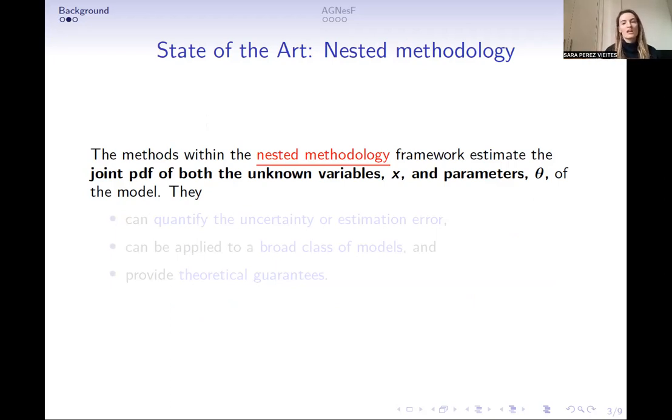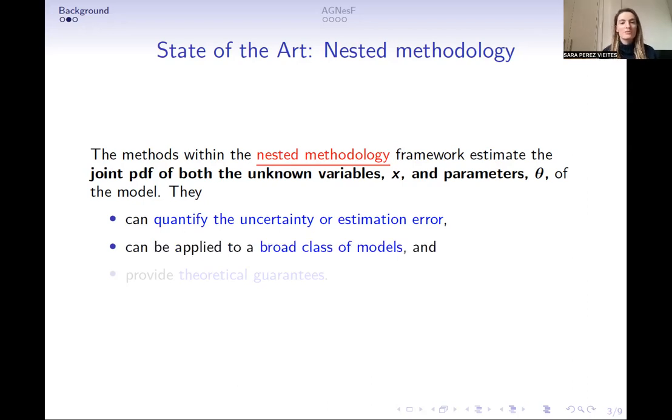Those methods belong to the nested methodology framework, and they can quantify the uncertainty, so we can measure how certain we are about our estimates. They can be applied also to a broad class of models. And finally, they provide theoretical guarantees, so the convergence is assured.